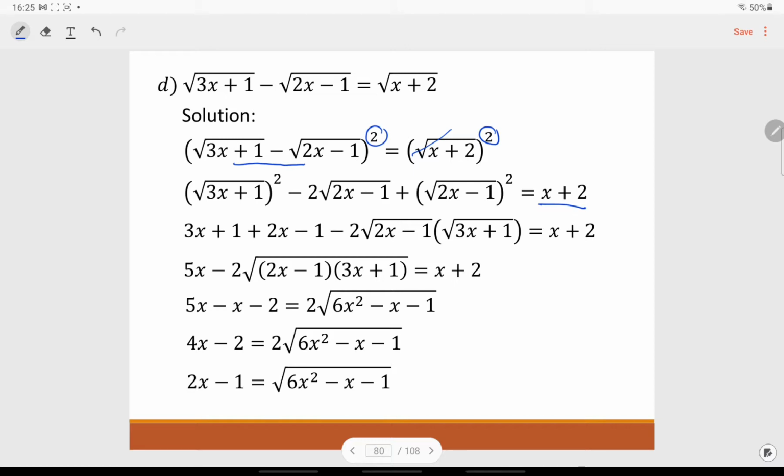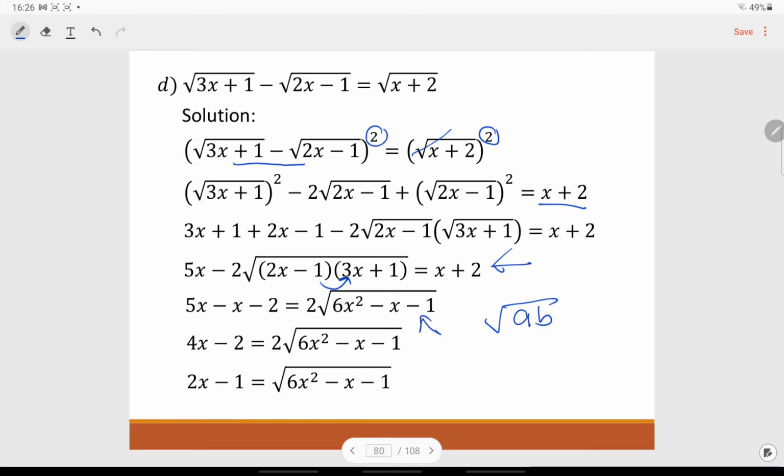At the left hand side we expand and then simplify, and we come out with this equation. In this equation, again the radicands can be multiplied, just like a times b. We simply multiply a and b, so we come out with this expression.